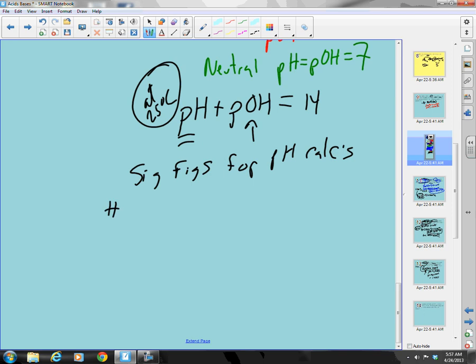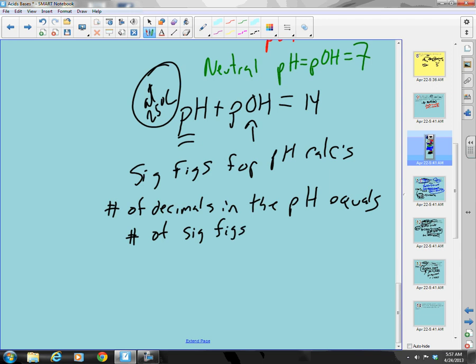The number of decimals in the pH number equals the number of sig figs in the concentration number. Got it? The number of decimals in the pH equals the number of sig figs in the concentration.